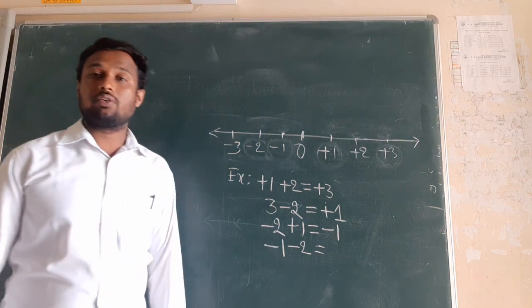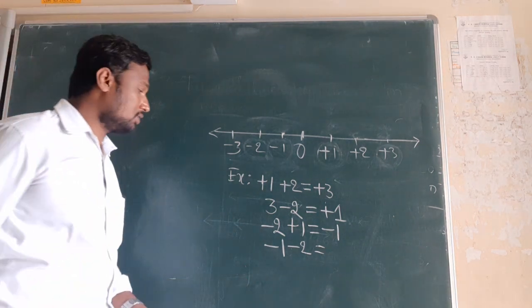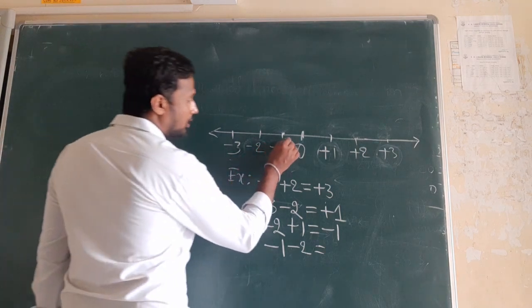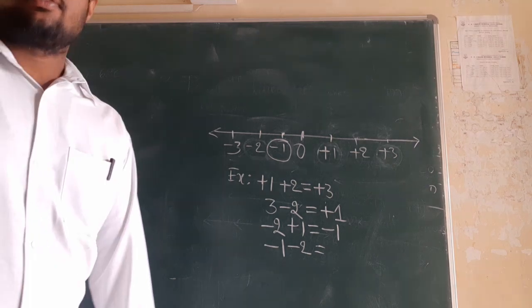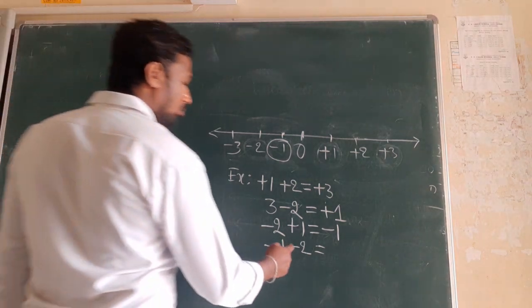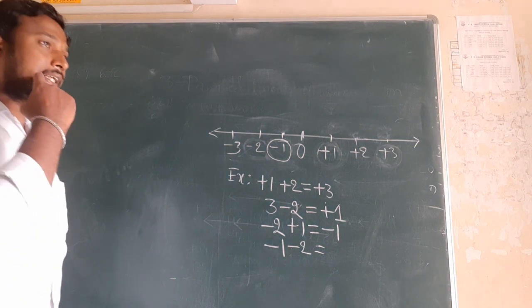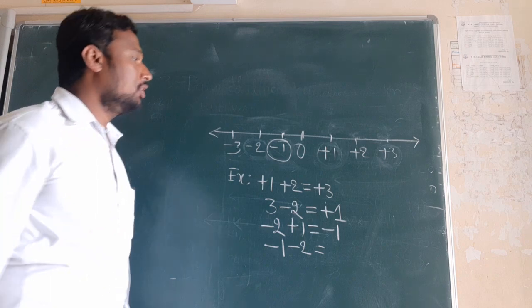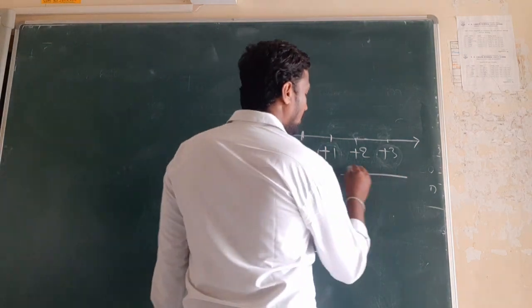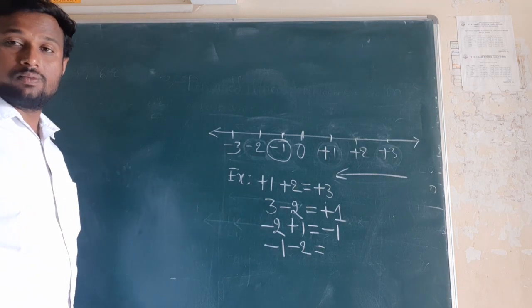So first, what you have to do, first number is -1. First integer is -1. So first I will represent this -1 here. This is -1. So now what do we have? -2. So what are you doing here? Subtracting. By subtracting, what I told, you have to move in left direction, like the previous second example.